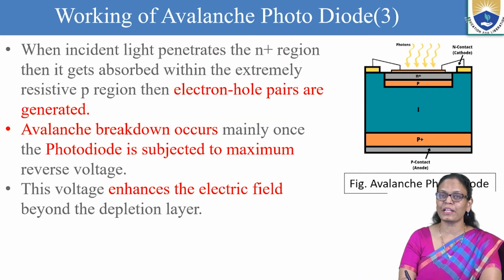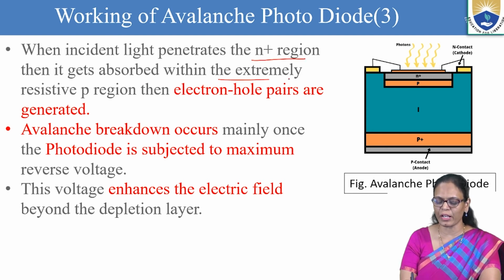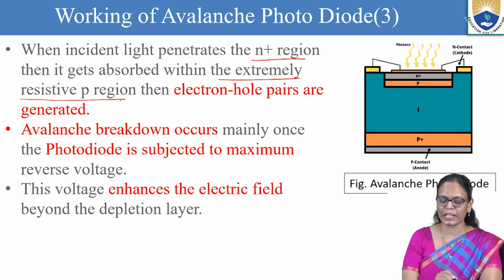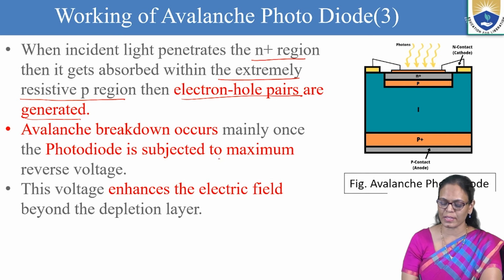When light penetrates through the N plus region, it gets absorbed within the extremely resistive P region. Then electron hole pairs are generated, and avalanche breakdown occurs mainly once the photodiode is subjected to maximum reverse voltage.